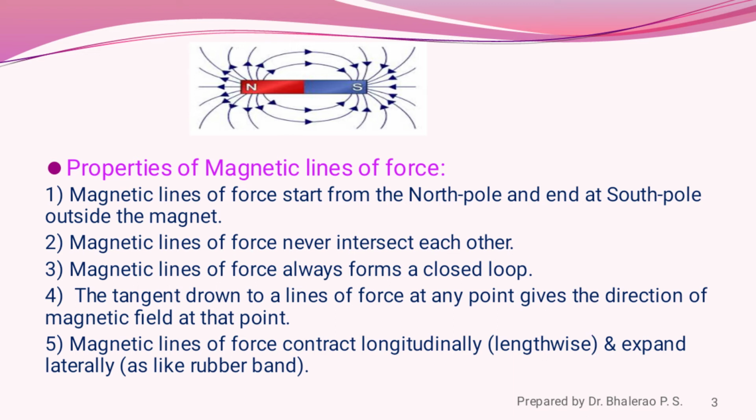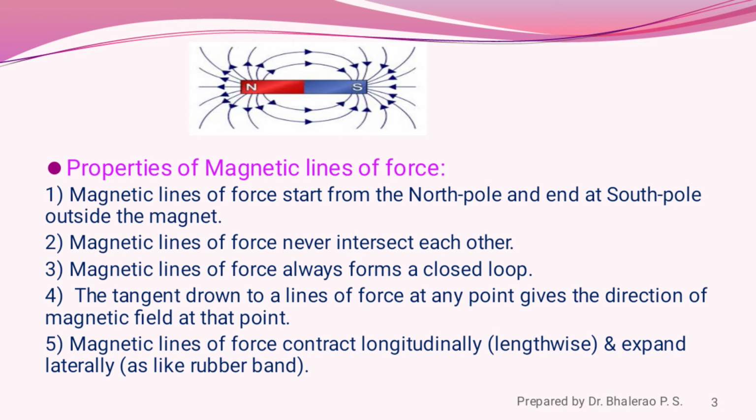Now, the properties of magnetic lines of force. See in the image, a bar magnet having a north pole and a south pole, and the magnetic lines of force starting from the north pole and ending at the south pole.